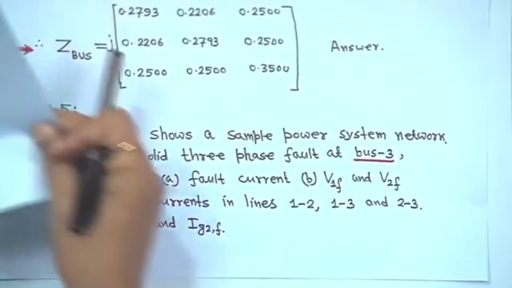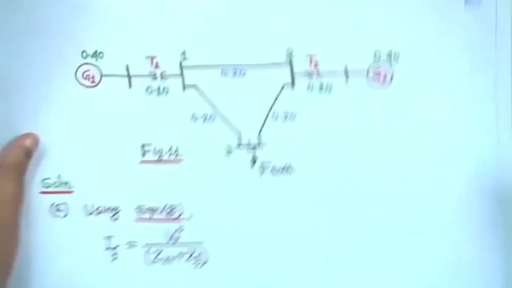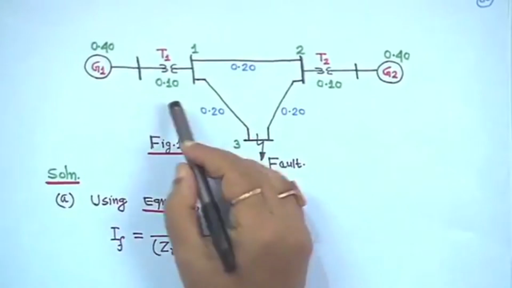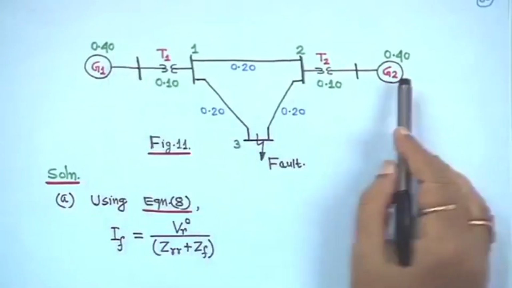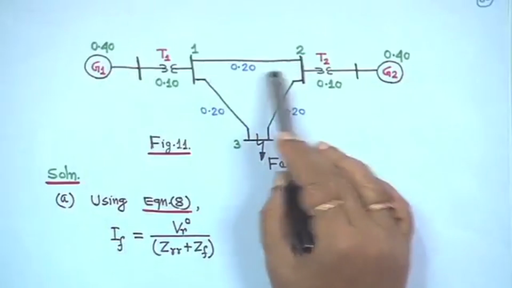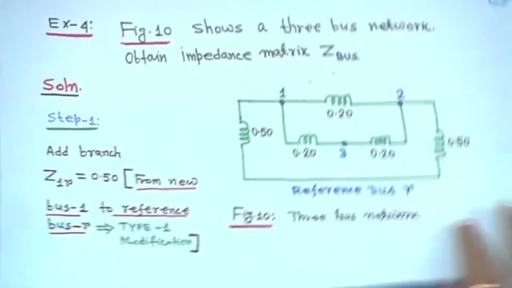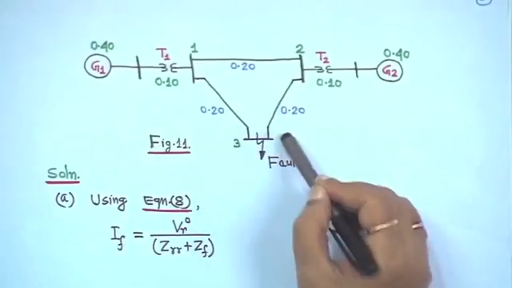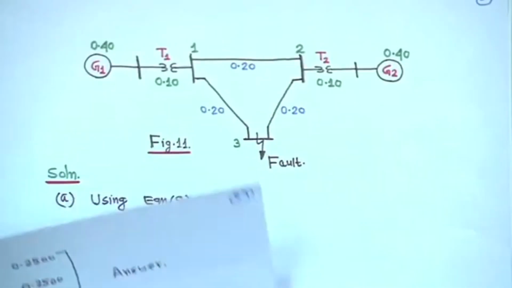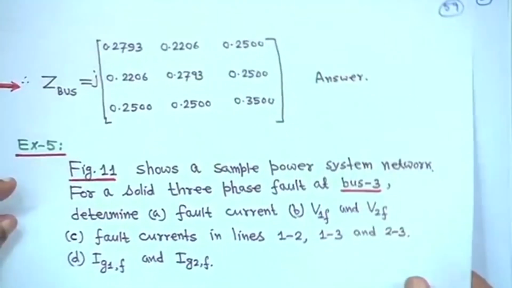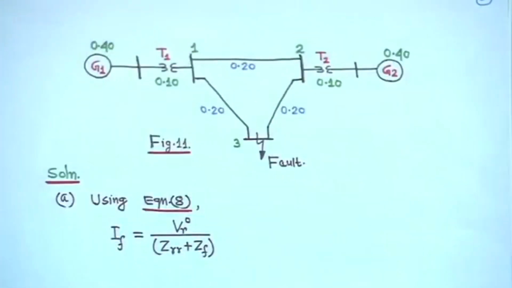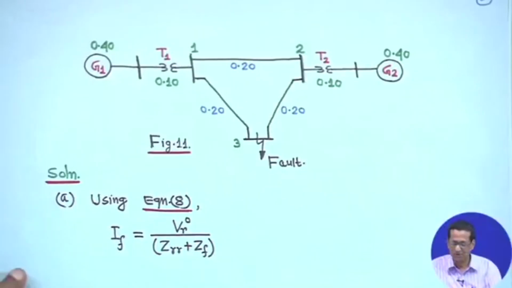So, this is the diagram, right, and transformer reactance is given 0.1, generator 0.4, but if you look at the 1 2 3, that is 0.2, 0.2, 0.2, right. The same data taken, and we have to find out the fault currents and the other things, that is line fault currents, IG1F, IG2F and V1F and V2F.